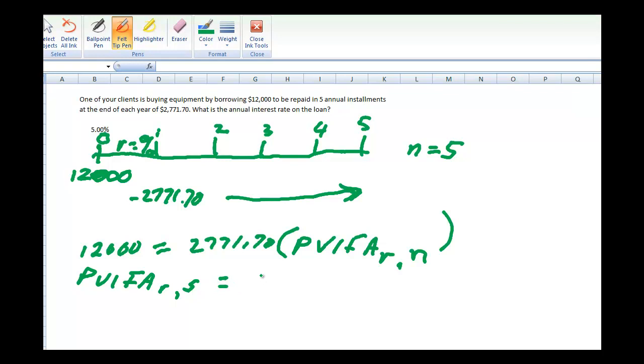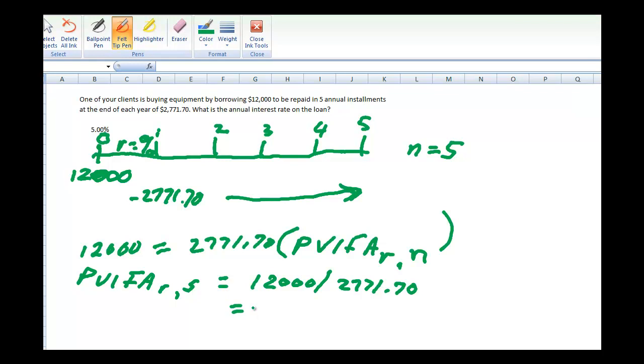That's going to equal 12,000 divided by our payments of $2,771 and 70 cents.